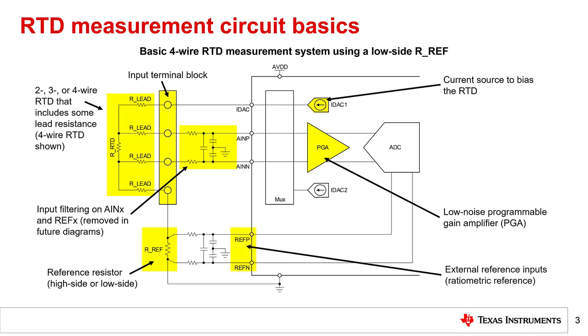The ADC uses the voltage across RREF as the differential reference voltage. This configuration is called a ratiometric reference. Finally, a high-resolution ADC compares the amplified RTD voltage to the reference voltage supplied by RREF, and then generates the ADC output code. Let's discuss these features in more detail, beginning with an analysis of how the current source biases the RTD.